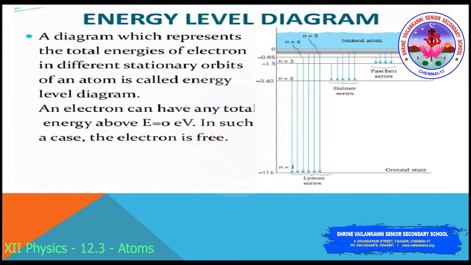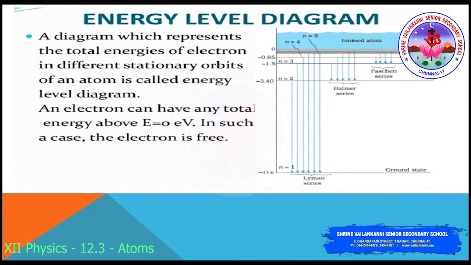Next you may observe the Balmer series, in which the electron jumps from any higher energy level to the second energy level, n equal to 2. This series lies in the visible region.